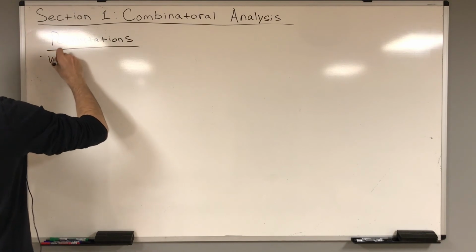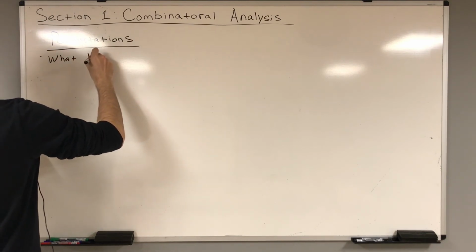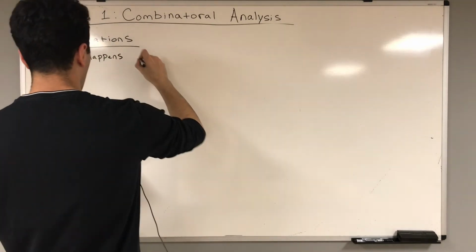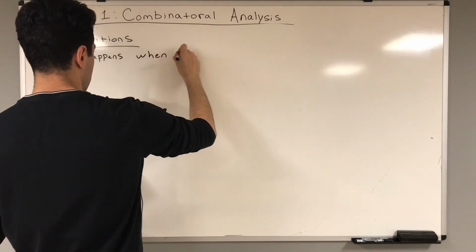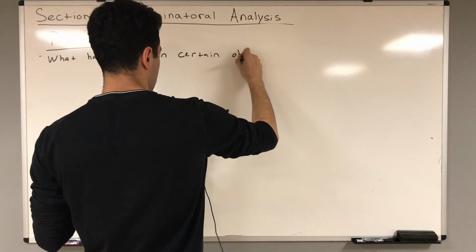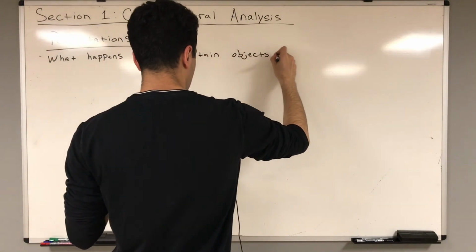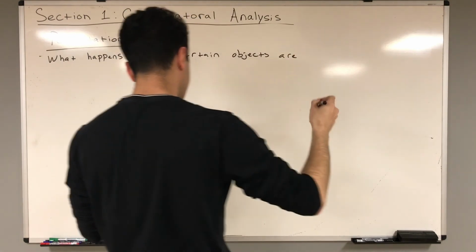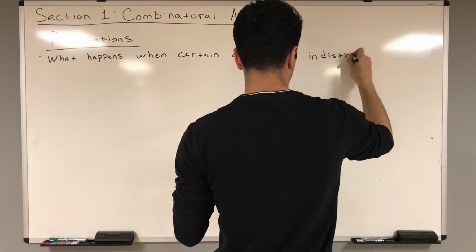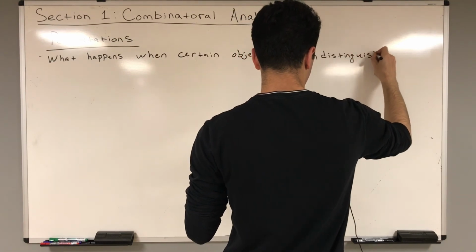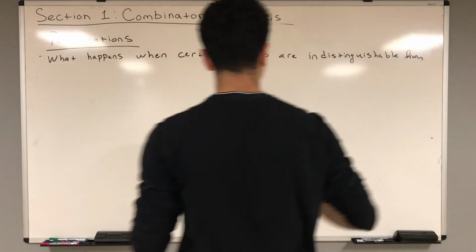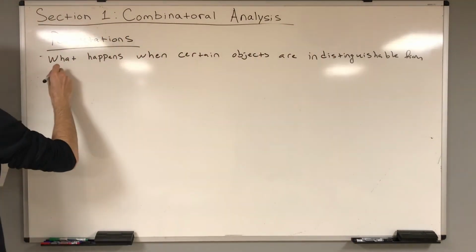What happens when certain objects are indistinguishable from each other?